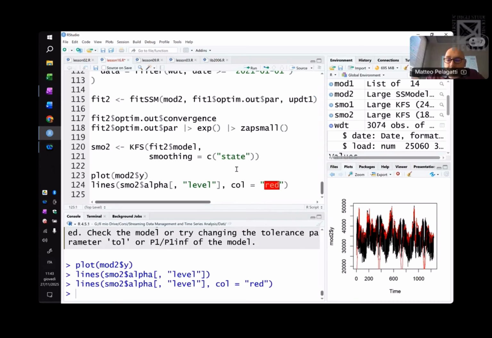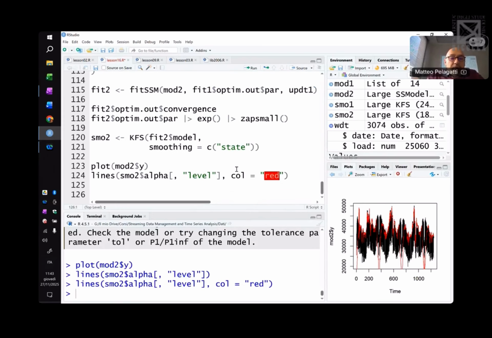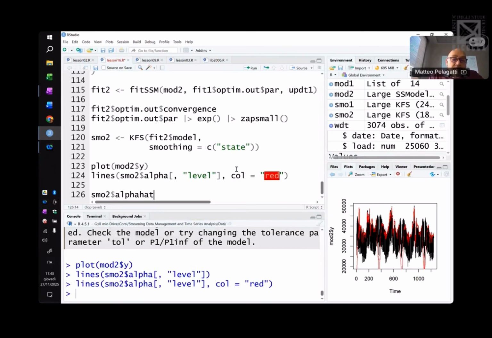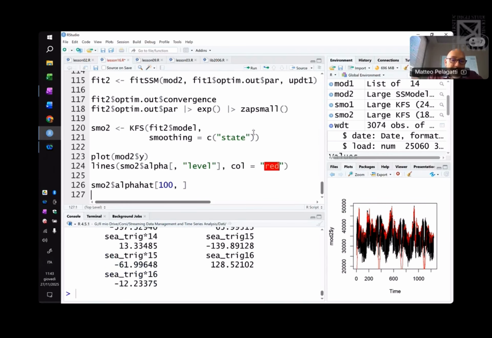Anyway, so for example, how can we check the value of the regressor? Well, the regressors are just also in the alpha hat, and actually they will be constant over time. So if I just cut the alpha hat, for example, observation number 100, doesn't really matter because they're constant.